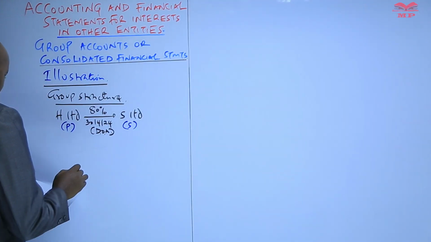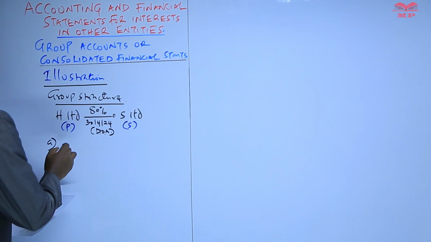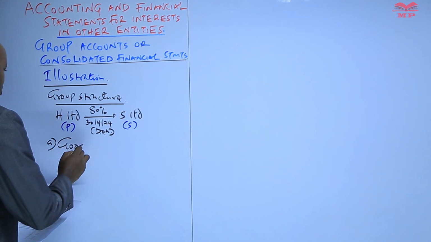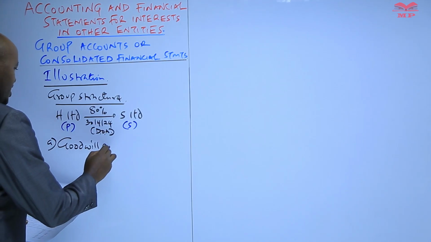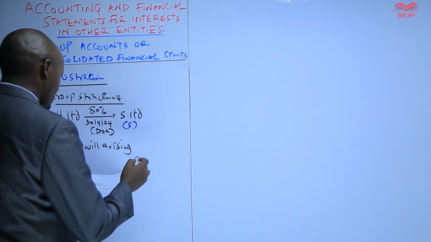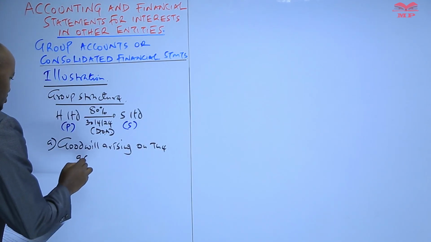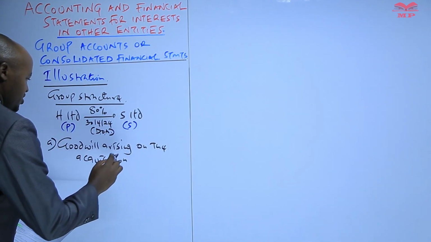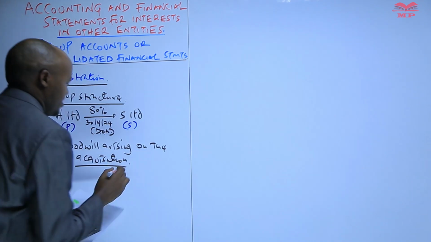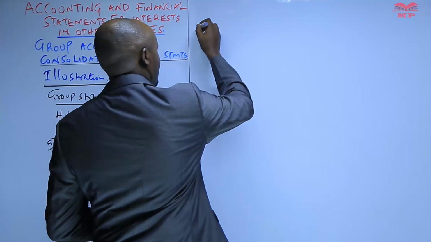So what we are required in part A of that particular question is we calculate, or basically we compute, the goodwill arising on the acquisition, and in Roman 1, we are required to use the partial goodwill method.